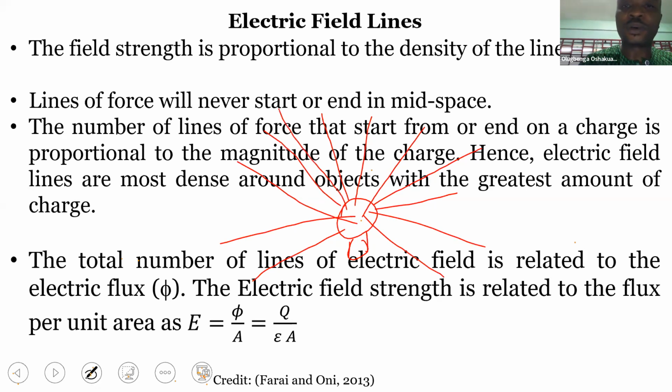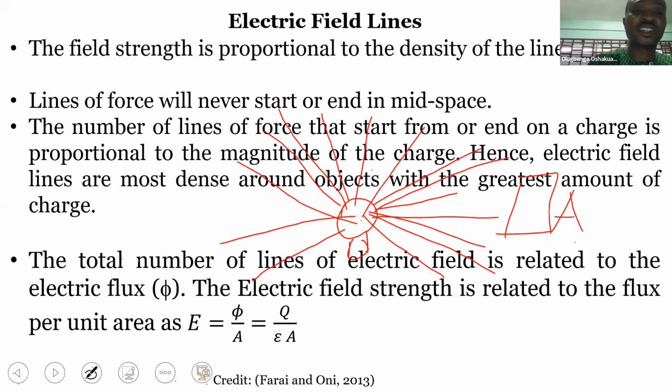If you come with a small piece of paper of certain area A, when you move the paper close to the bulb, as you are moving closer, you would notice that the number of lines crossing the paper will increase.